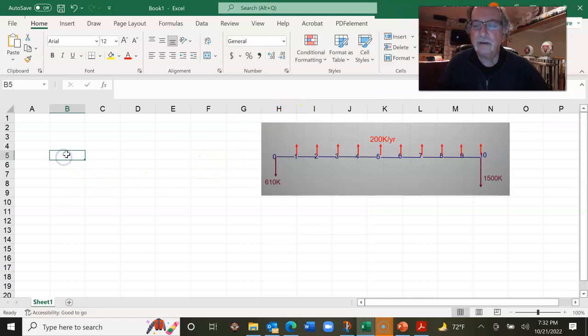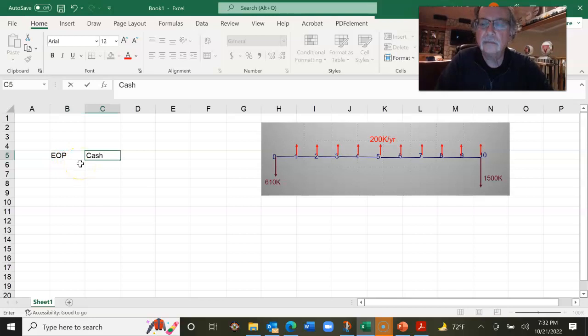And so what we have here is end of year and cash flow.